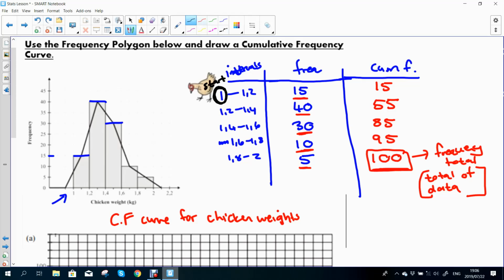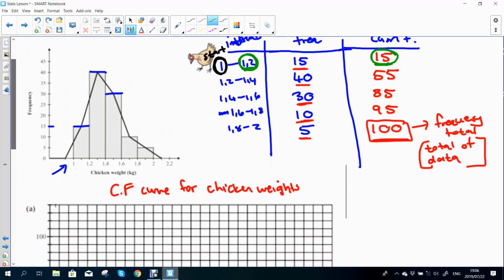Then what is the next thing that I plot? I'm now going to use the outer limit of my interval and my cumulative frequency number. So it's always the upper boundary or the upper limit of your interval and your cumulative frequency to get you to the next point.